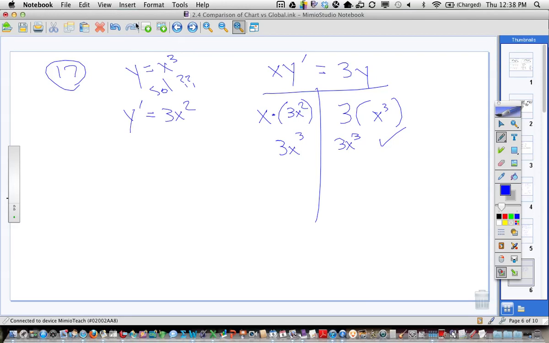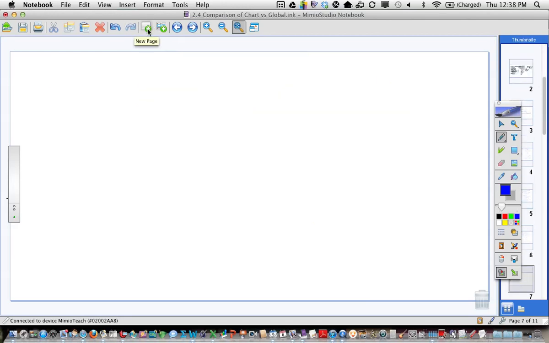What was 25? Oh, that's another one of those same ones. Proposed solution and the differential equation. Y double prime minus, equals, okay.